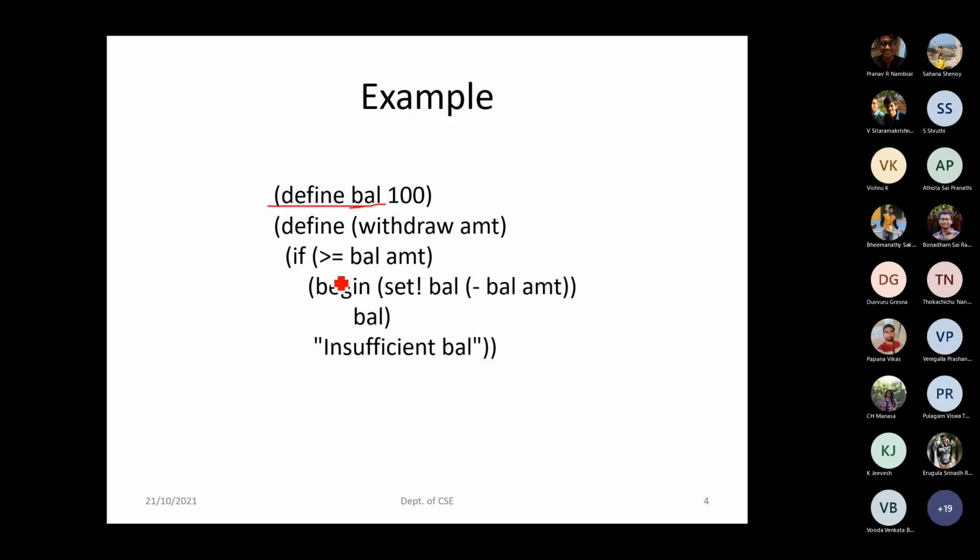So the condition is that the balance should be greater than or equal to the amount. If that is the case, then only you can withdraw; otherwise, you can't. If this condition is satisfied, what am I supposed to do? I have to reduce the amount from the balance.